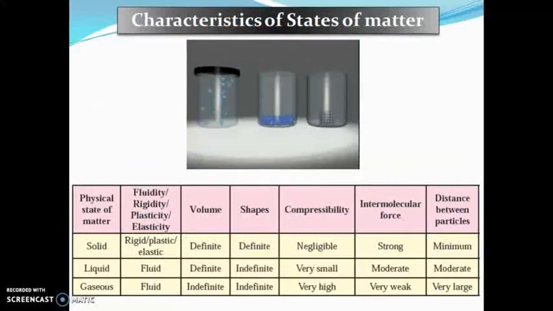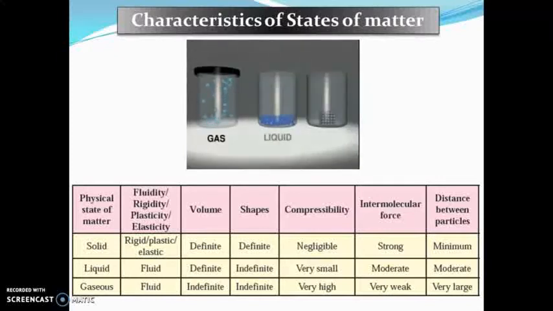Now if we compare the characteristics of the three states, that is solid, liquid and gaseous, what can we see? The solid state is rigid, plastic and elastic. Rigid means strong, plastic means it can be stretched and given a shape.